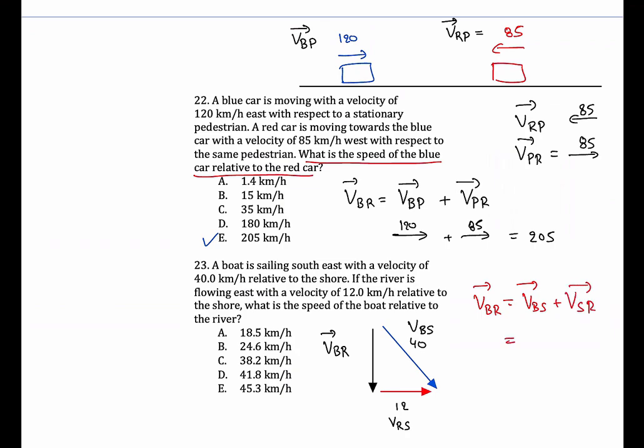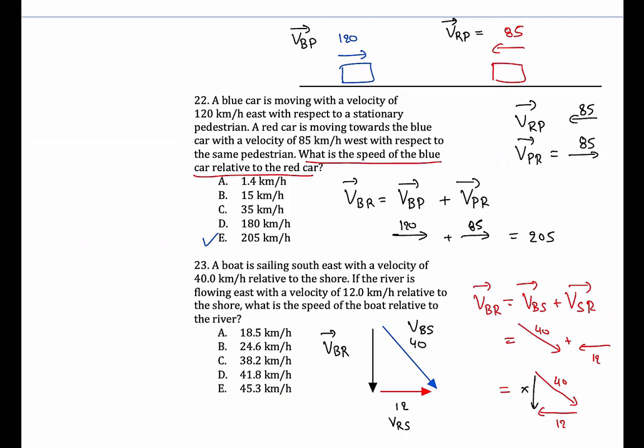And again, we have the velocity of the boat relative to the shore, which is 40 southeast. The velocity SR, we have the opposite of it as a given. The velocity RS is 12 to the right, so the velocity SR is 12 to the left. So we need to add these two vectors. However, since we don't know the value of x of the velocity PR, as we expected, we have again the Pythagorean theorem.